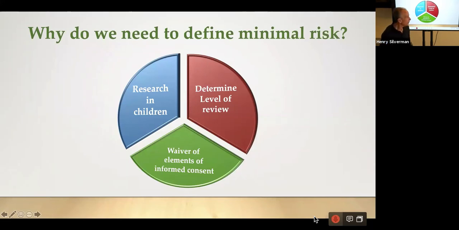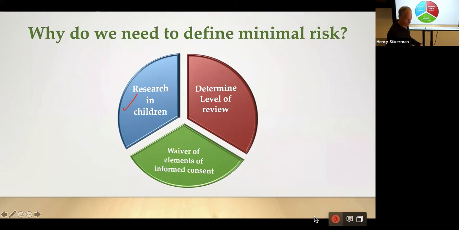So again, we're not going to go into details about the level of review or the types of research in children in this session, but we will be talking about when we could waive the informed consent. And again, one of the criteria is that the research should not be more than minimal risk. So hence, it's important if we all get on the same page regarding the definition of minimal risk.